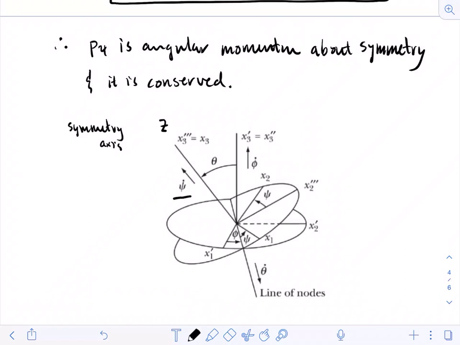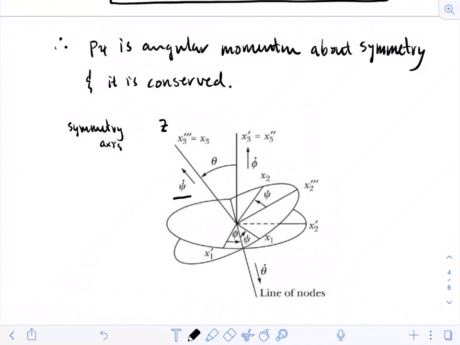And so what that tells us is that the conjugate momentum psi corresponds to the angular momentum about the axis that psi dot points along.